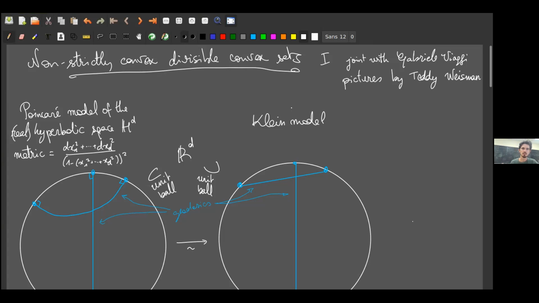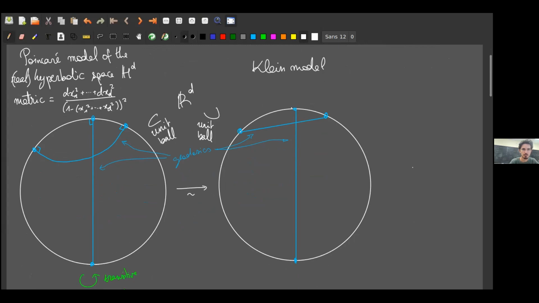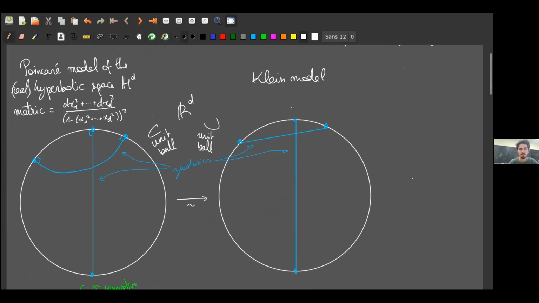So before talking about divisible convex sets and non-strict convexity, I would like to recall the basics, in particular a particular model of the hyperbolic space, the Klein model. Remember, the Poincaré model is a unit ball in R^d endowed with the Riemannian metric given here, dx1 squared plus ... plus dxd squared over (1 minus the radius squared) squared.